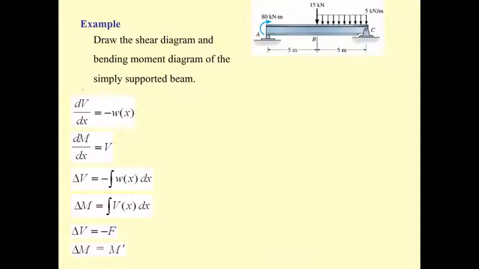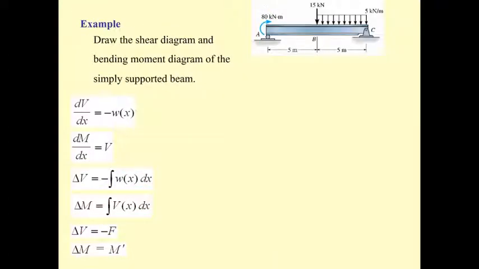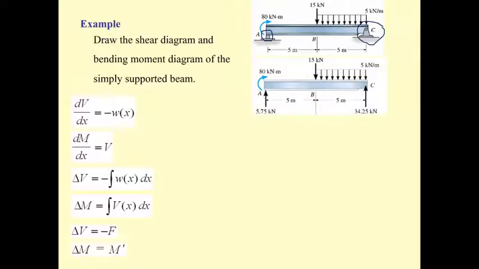Okay, next we have this. This picture shows again the simple beam with roller at A and pin at B. And if you determine, you can find the resultant force like this.